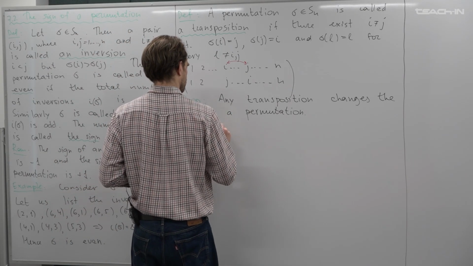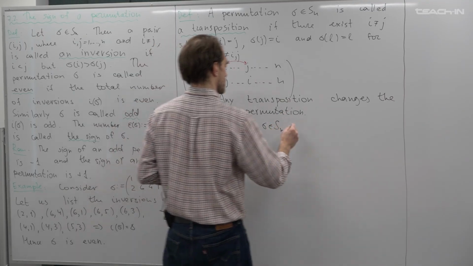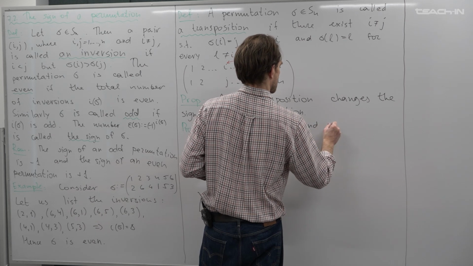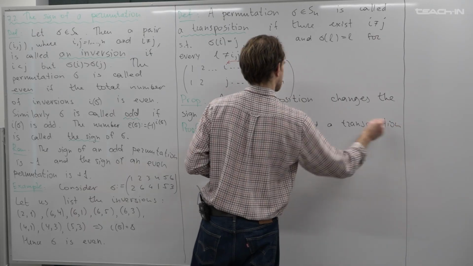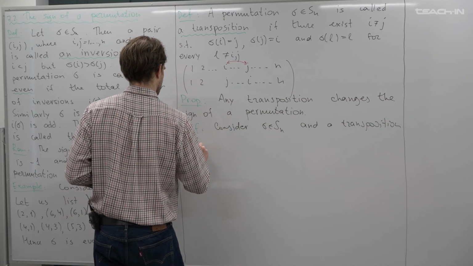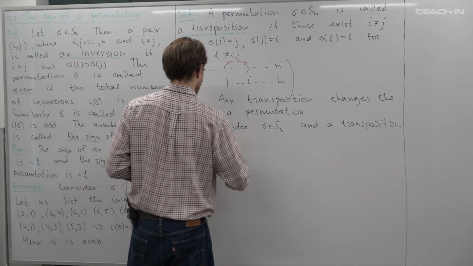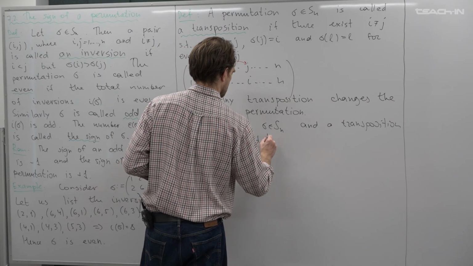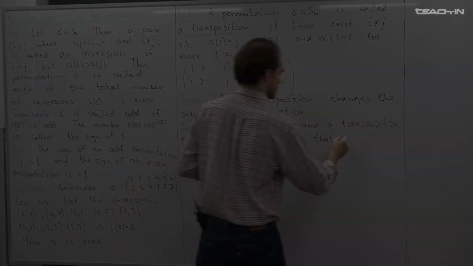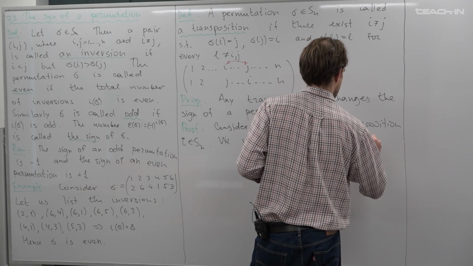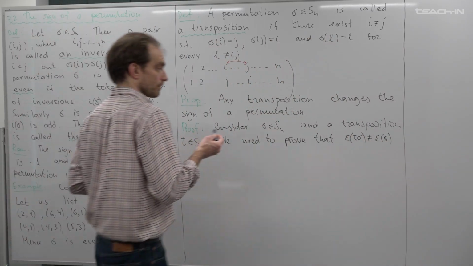Consider a permutation sigma and a transposition tau. We need to prove that epsilon of tau sigma is different from epsilon of sigma.